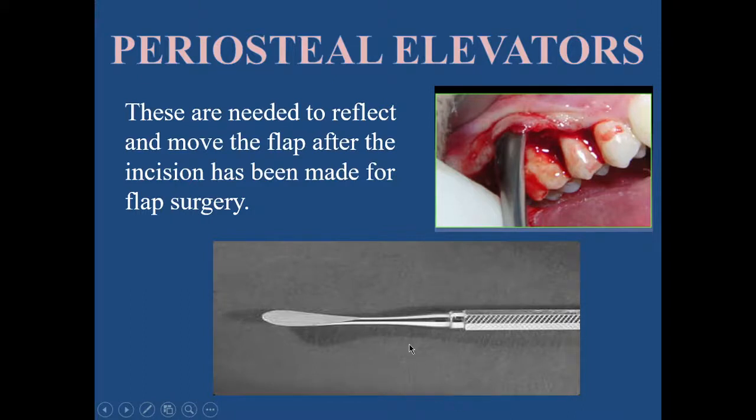And then the periodontal elevator is used to reflect and move the flap after the incision has been made for flap surgery. The periodontal elevator has two surfaces, a concave surface and a convex surface. The convex surface is towards the tissue, and the concave surface is towards the bone. To remember it, we will give you an example.